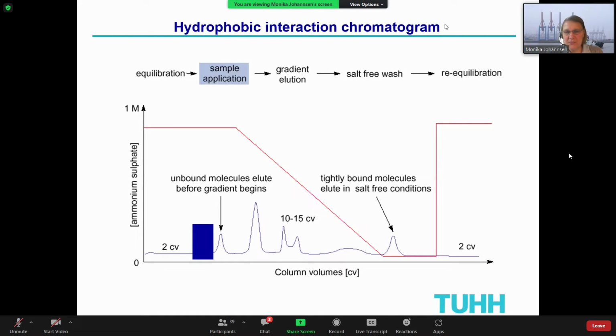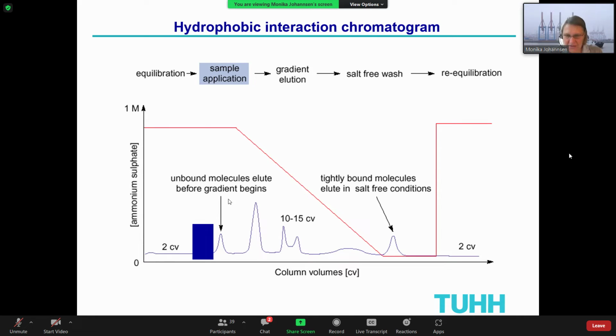How does a chromatogram in hydrophobic interaction look like? Here we start, as I just said, with very high salt concentration. And we need some equilibration of the column, then we would inject.